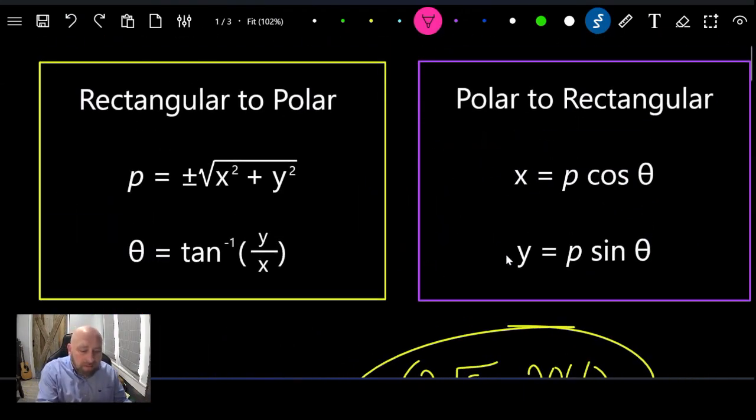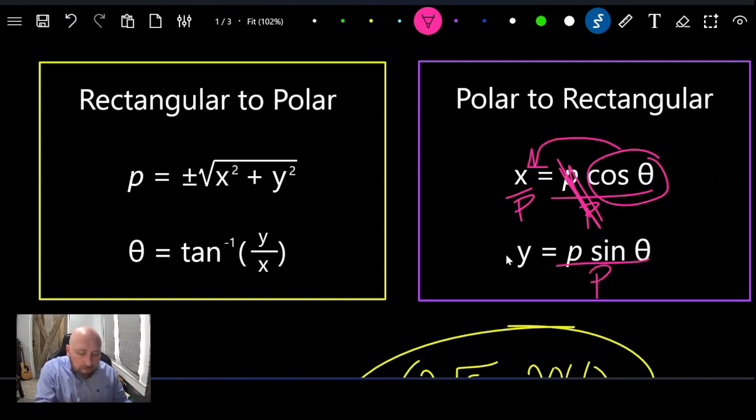We're trying to get x, but if we divide both sides by rho, then that rho will cancel out, and so we get cosine of theta equals x over rho. And if we do the same thing over here, we get sine of theta equals y over rho.